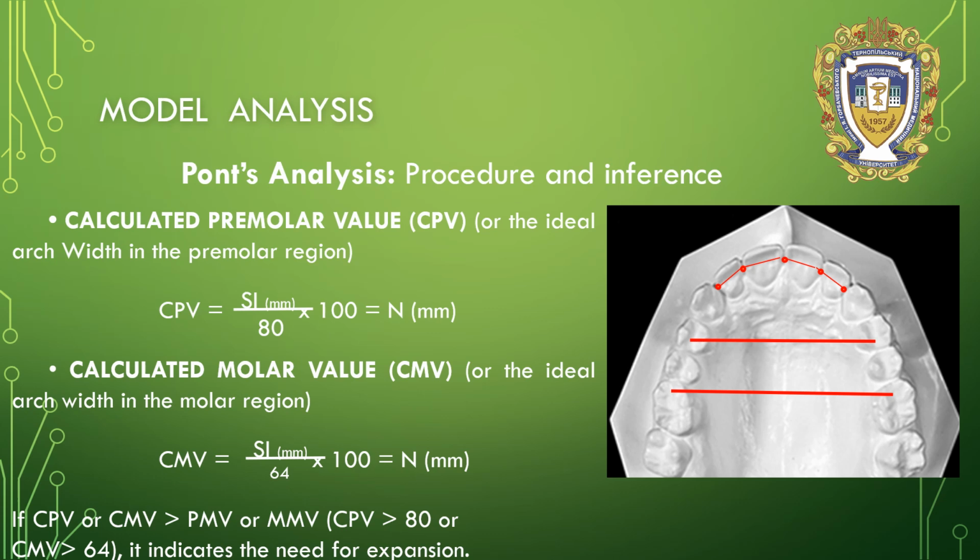And the same situation with molars. If we get this number more than 64, it means that the upper dental arch is narrower in the molar area.